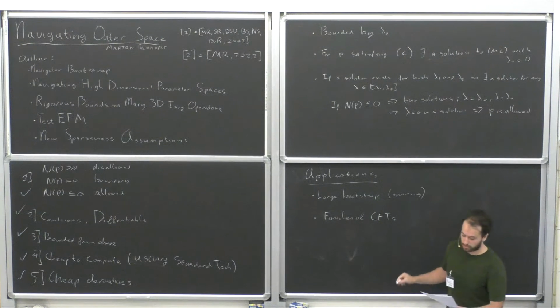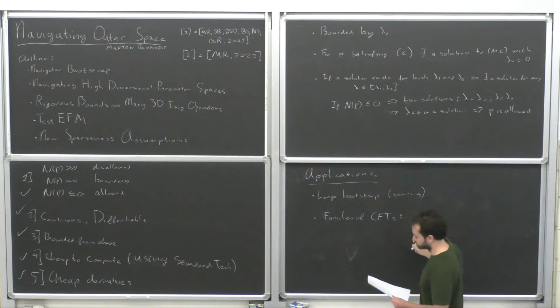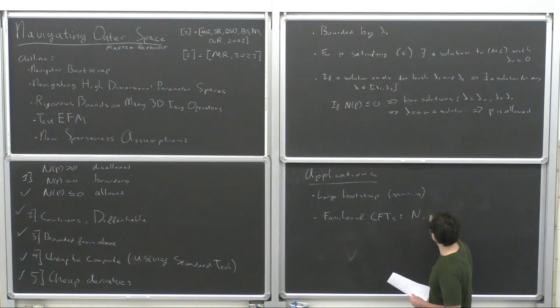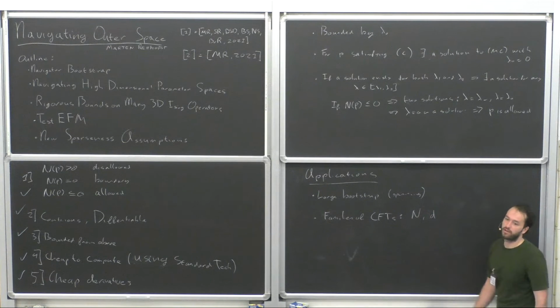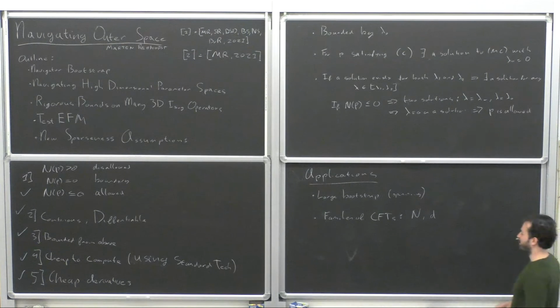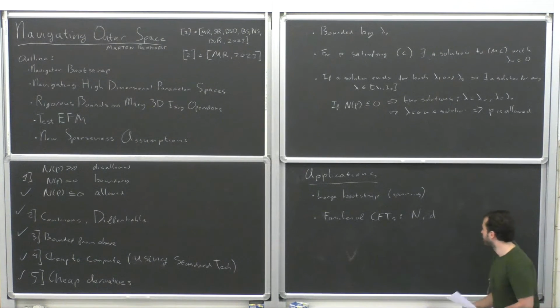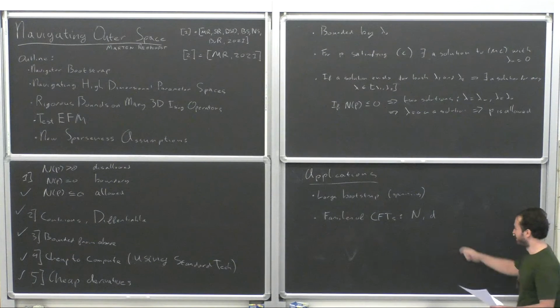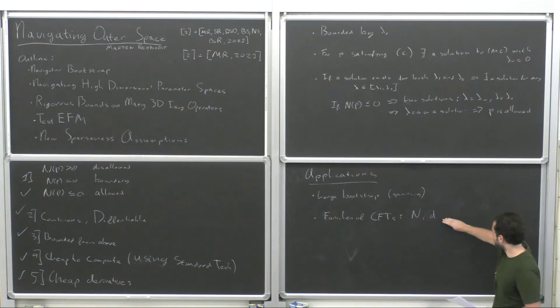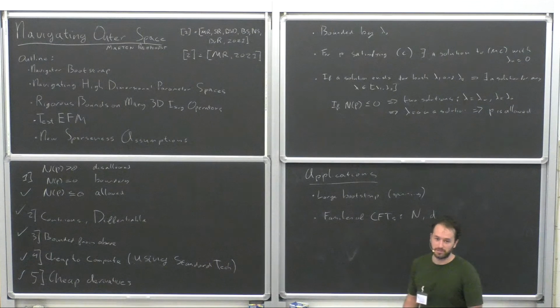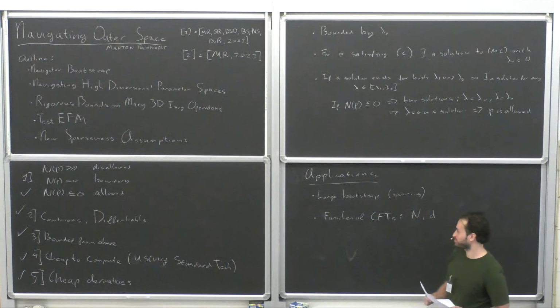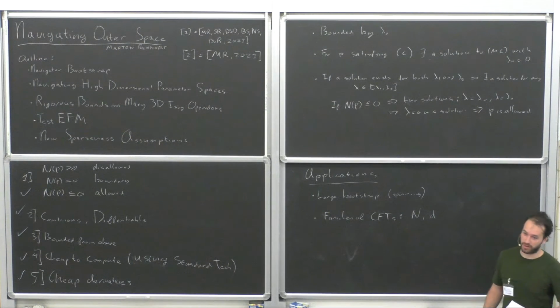So add as parameters of your search space, for example, some number n corresponding to the global symmetry group, such as O(N) or O(N) cross O(2), which Slava specifically mentioned, we're working on with some people in Paris. You can also consider the space-time dimension as one of the parameters and look for a family of CFTs at different dimensions.